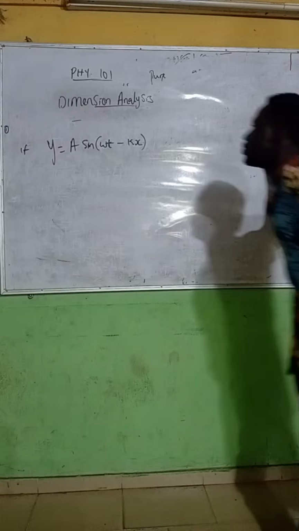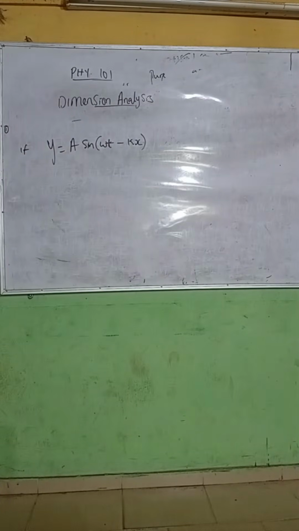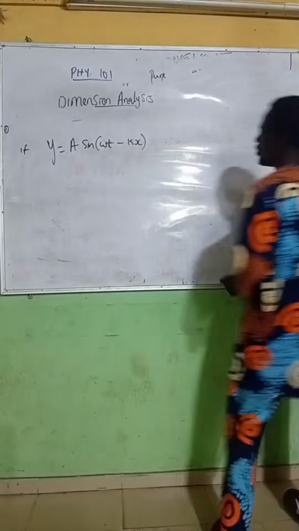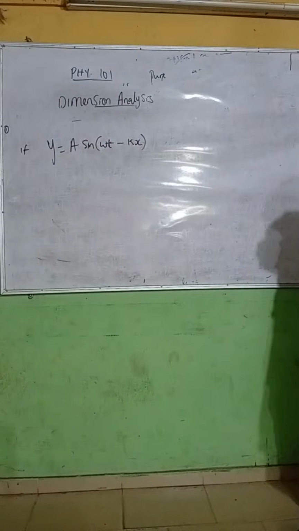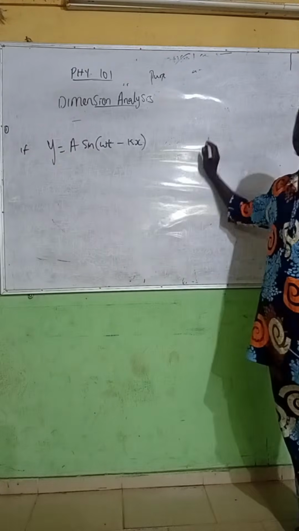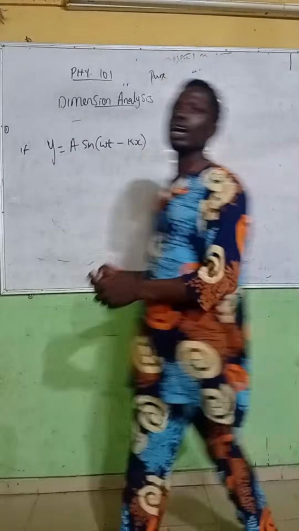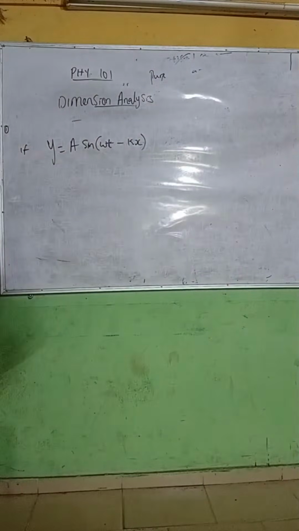If y equals A sine (Wt minus kx), if W is in kg, what is the dimension for k?